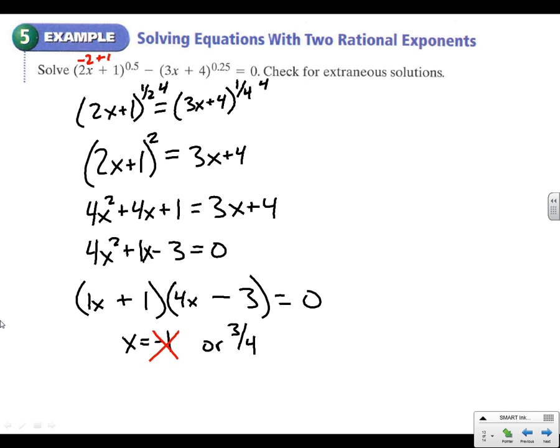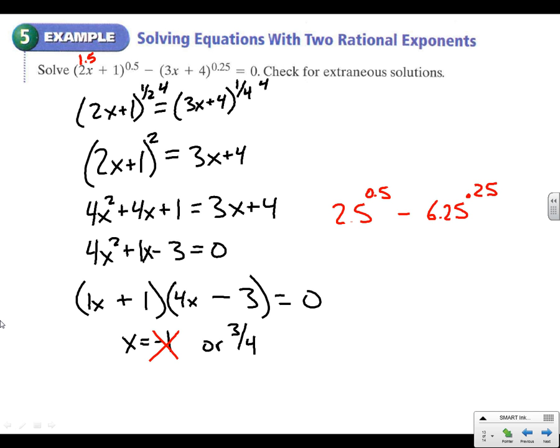Let's check 3/4. So if we go back up here and plug in 3/4 times 2 is 1.5, plus 1 is 2.5. So let me just rewrite what we've got: 2.5 to the 0.5, minus 3 times 3/4 is 2.25, plus 4 is 6.25 to the 0.25.